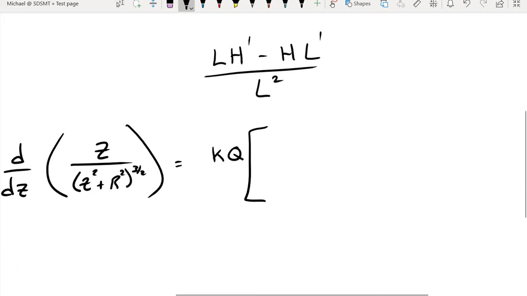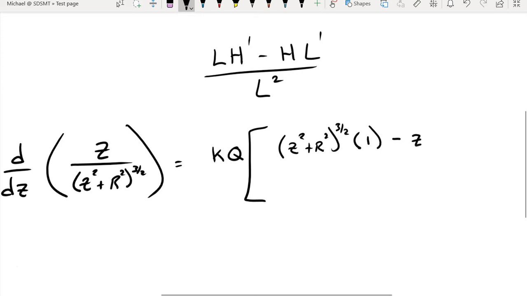I need the denominator, which is low, (z squared plus r squared) to the 3/2 power, times the derivative of the numerator, which is just 1, minus the numerator, z, times the derivative of the denominator.